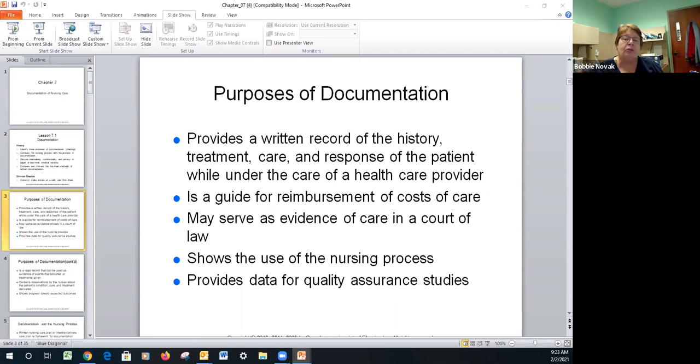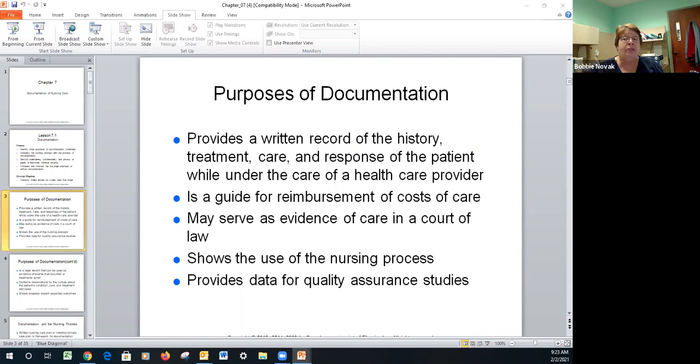It's also used as a guide for reimbursement. Insurance companies and Medicare and Medicaid come in and look at your documentation and see if you have done everything you were supposed to do to get the money you were supposed to get, okay? It can serve as evidence in court if they decide to bring a lawsuit. And that usually doesn't happen immediately, okay?